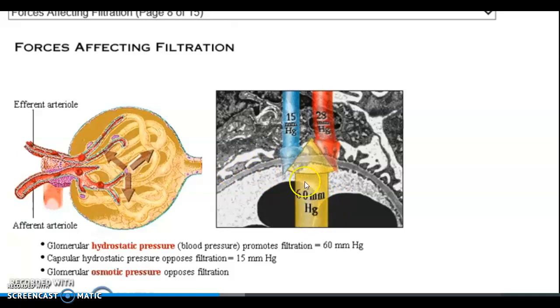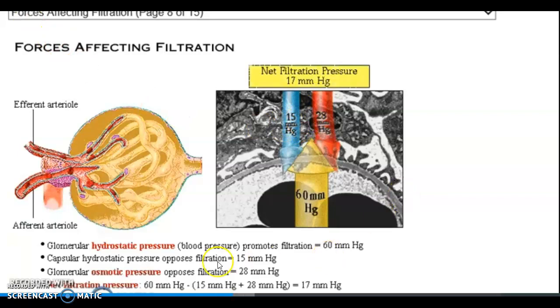So 60 is the ideal, but we have to have ways of maintaining that as we try to overcome these two pressures. Again, looking at our numbers here, I've got a pressure gradient of 60 millimeters of mercury of my hydrostatic pressure pushing the fluid out. I have two pressures opposing it: the hydrostatic pressure of the fluid that's already in the capsule, and then the osmotic pressure.